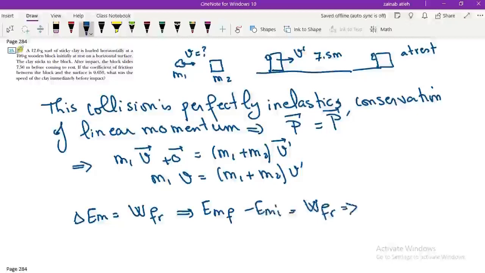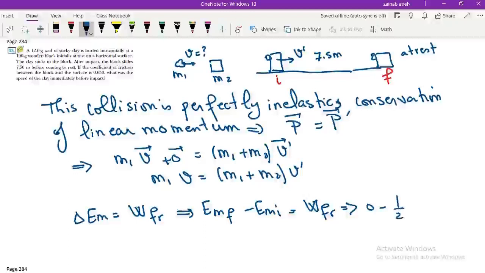Now this is the final position and this is the initial position. Finally, as you can see, I have no EPG, no elastic, no speed, and no kinetic. So finally it is 0 minus the mechanical initial, where I had only kinetic and no EPG and no elastic.